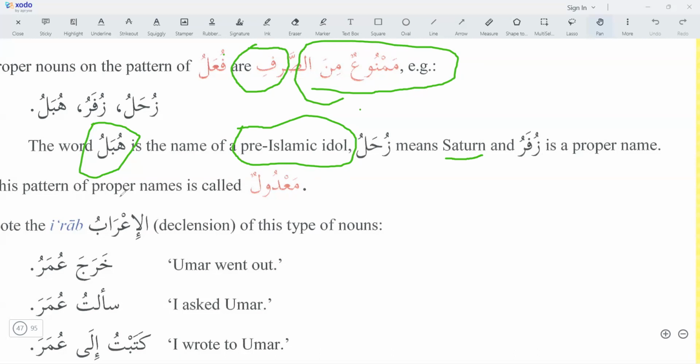This pattern of proper names is called ma'dulun. We have to keep in mind that proper nouns on the pattern of fu'alu are mamnu min as-sarf. The first letter has dhamma, the second letter has fatha, and the third letter also has dhamma.